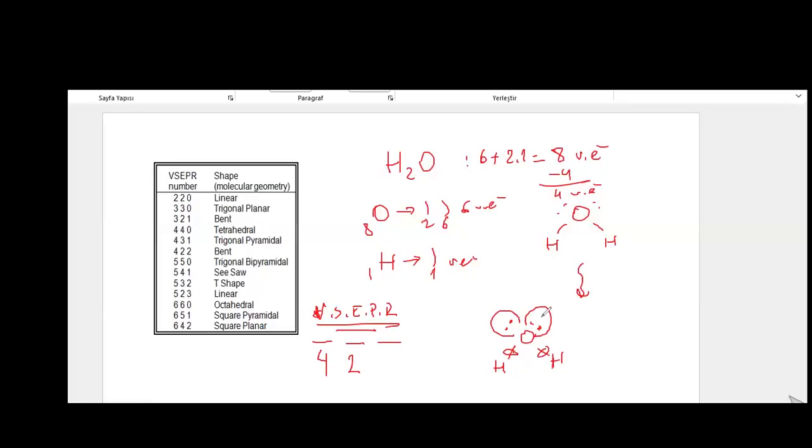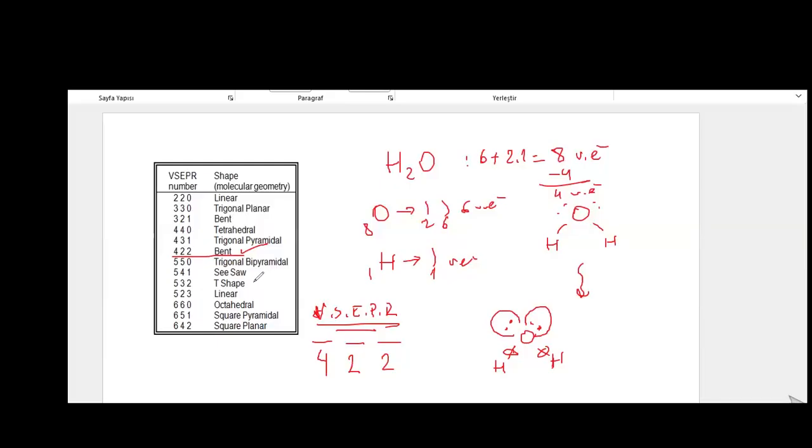And also there are 2 lone electron pairs. That's why the final digit is 2. If you look at the table, you are going to see that 4, 2, 2 shows you the bent molecular shape. That's why we can say that it has a bent molecular shape or molecular geometry.